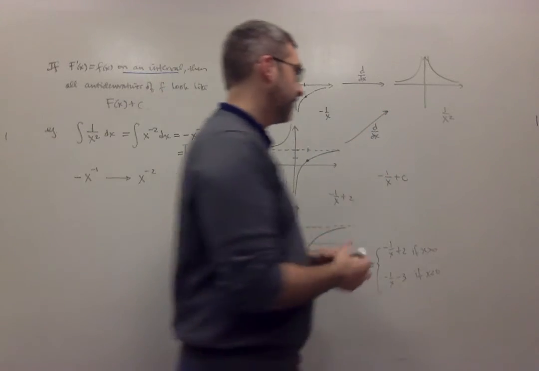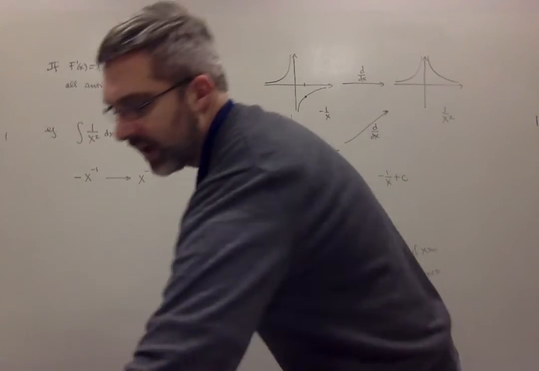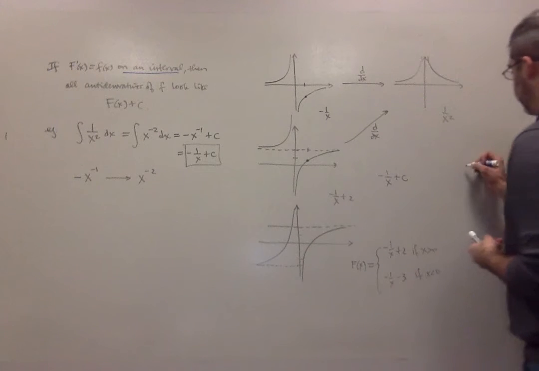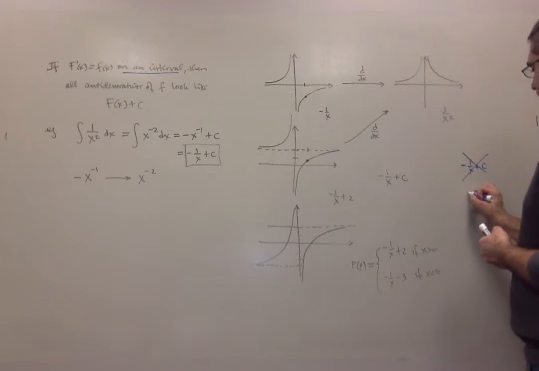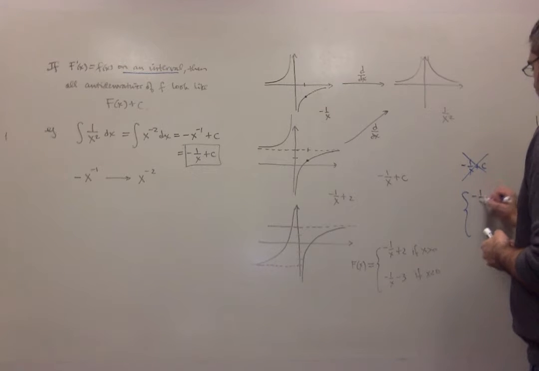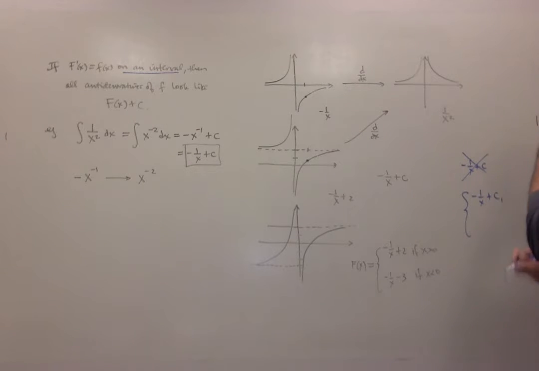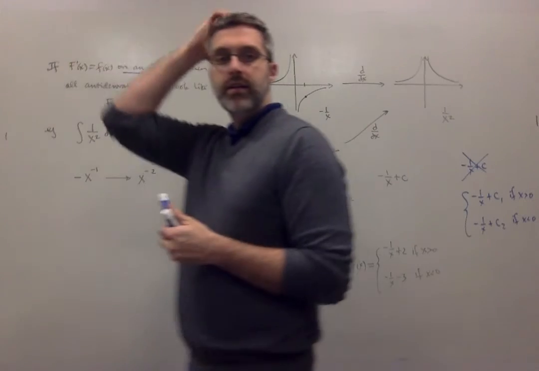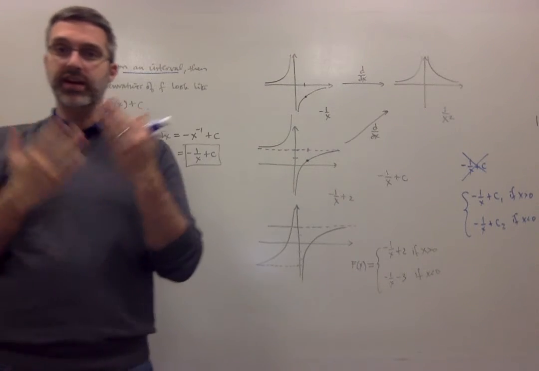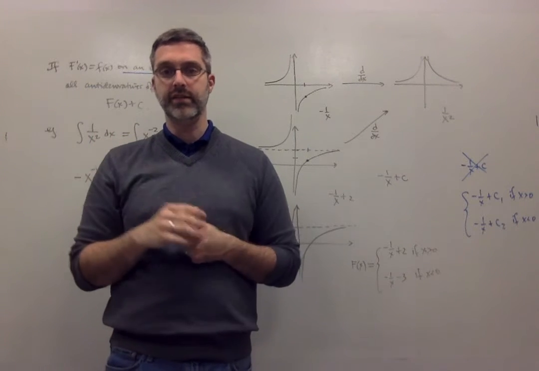In this case, the most general antiderivative actually doesn't look like this. It looks like negative 1 over x plus 1 constant if x is positive, and negative 1 over x plus another constant if x is negative. Okay, so you can use 2 different constants on the 2 different continuous pieces.